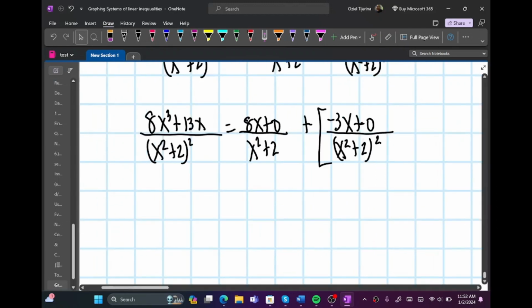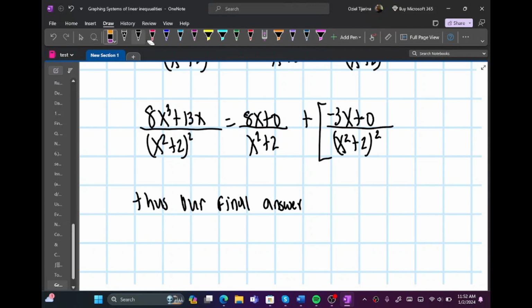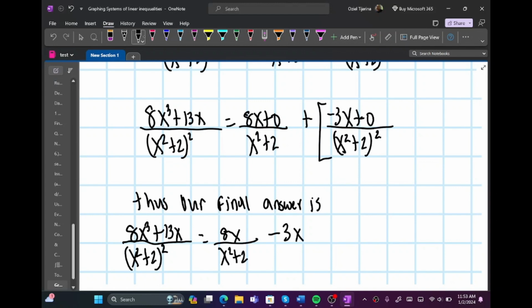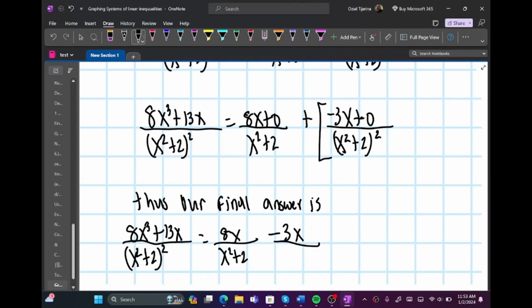So all in all, as a partial fraction, our final answer is that 8x cubed plus 13x over x squared plus 2 quantities squared is equal to 8x over x squared plus 2, minus 3x over x squared plus 2 quantities squared.